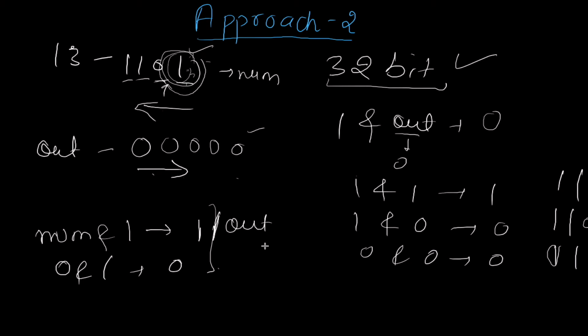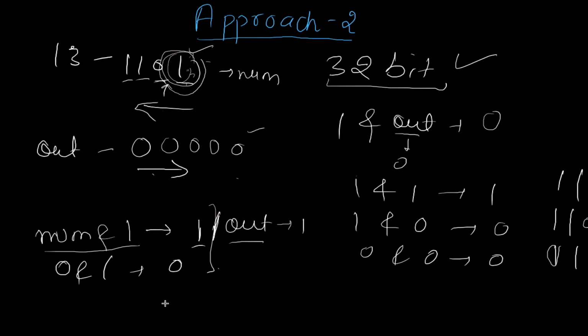And if I do it with all of the current digit and out, so if any one of these is 1, it will give me 1. So this we simply return, whatever is the value of this.